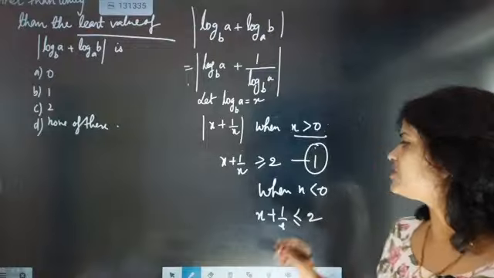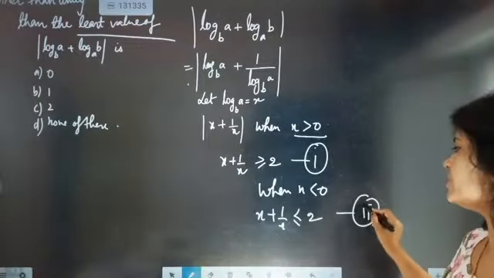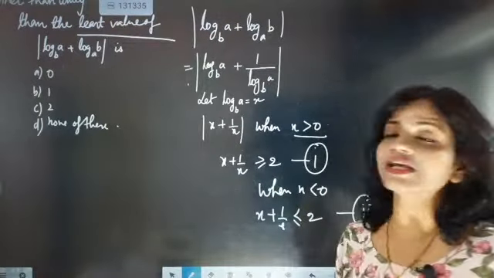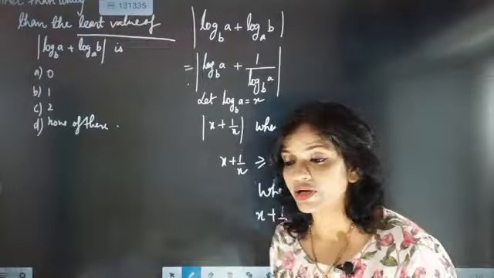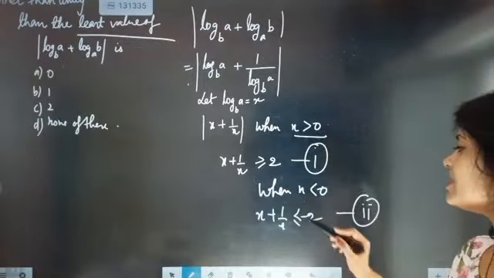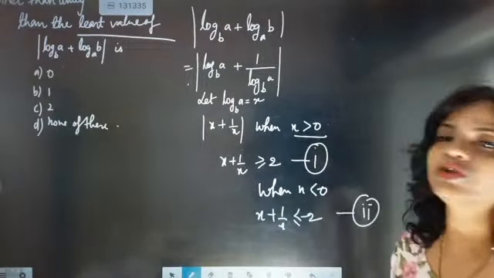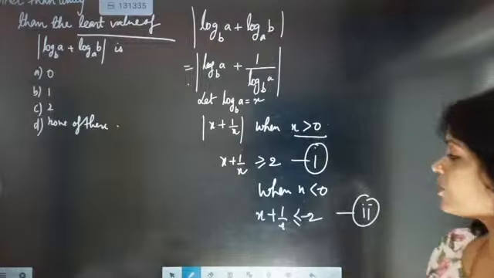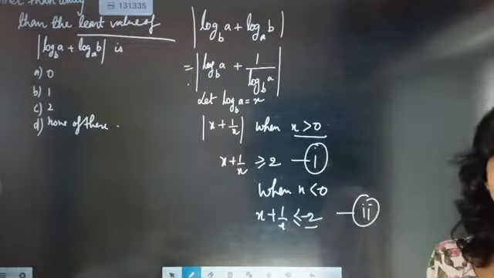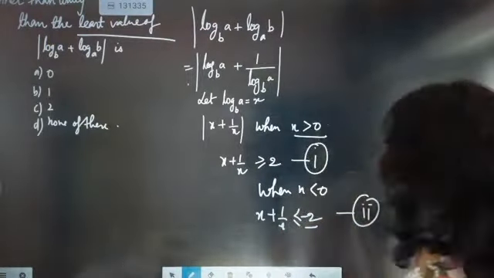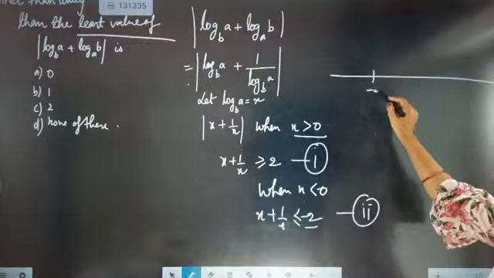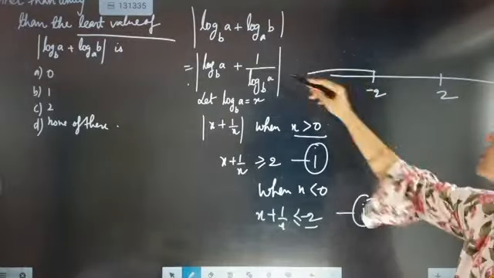So one thing we see from equation 1 and equation 2 is that either x plus 1 by x is coming greater than 2, or it is coming less than minus 2. Less than minus 2 means the limiting section is coming between minus 2 and 2, so this side and this side.